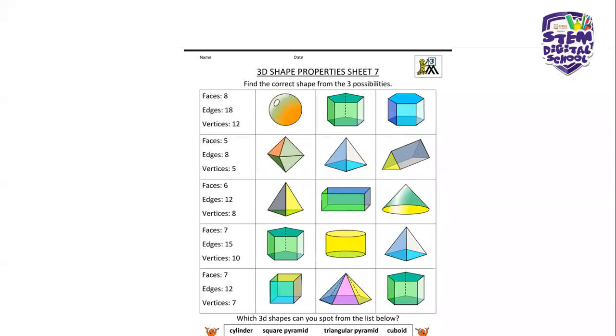All right. I see Tandon Guban also agreeing, saying the hexagonal prism. Great. Great. Now we have the second one has got 5 faces, and then 8 edges, and then 5 vertices.